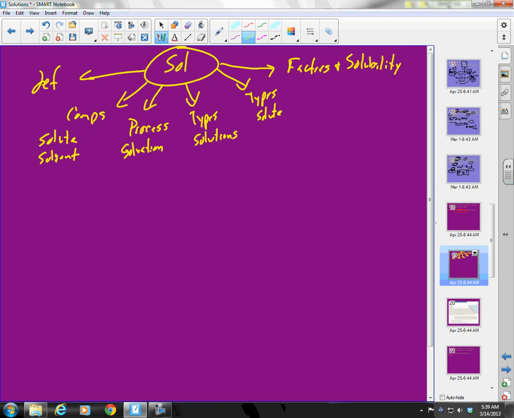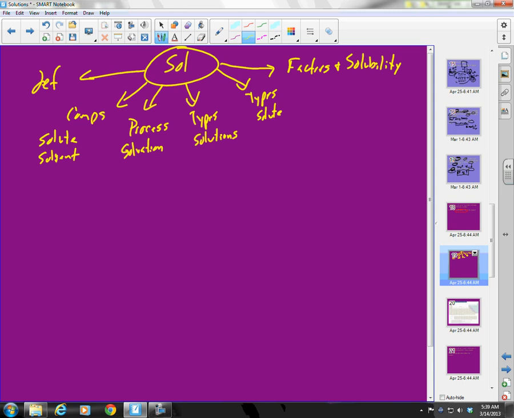Solubility being essentially how much of a solute will dissolve before a saturated solution is formed, and what factors affect that. We said the IM forces of the solute and solvent are important, and likes dissolve likes.